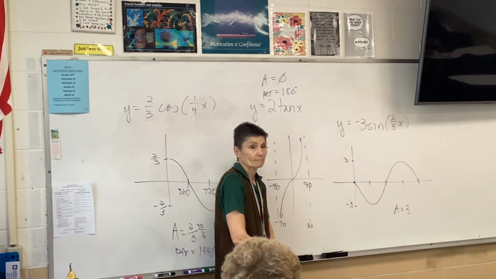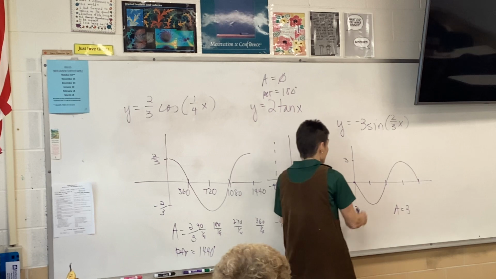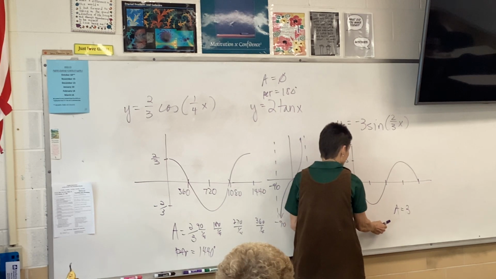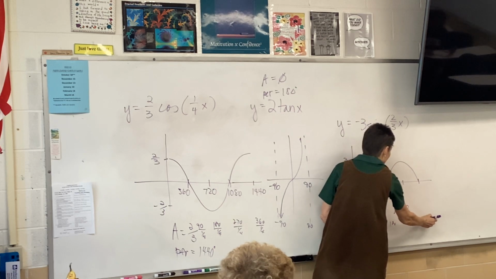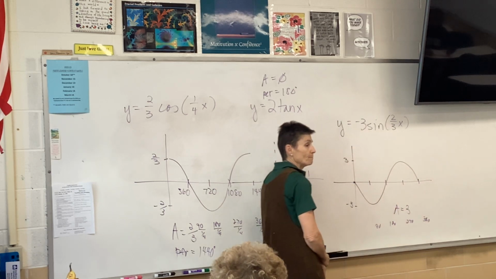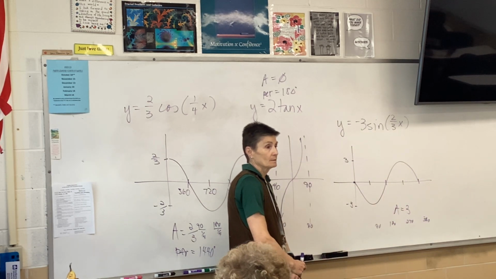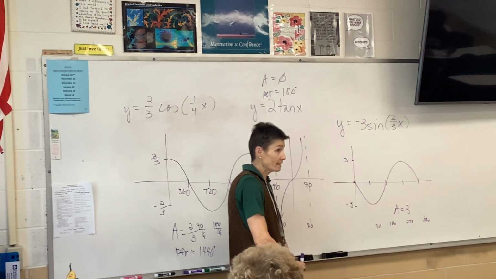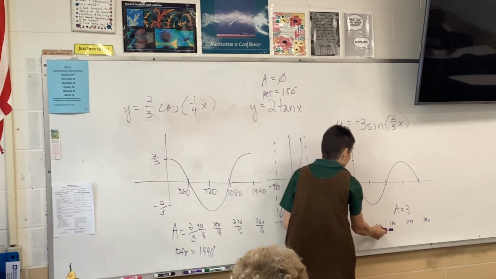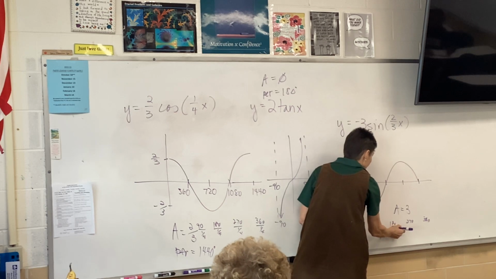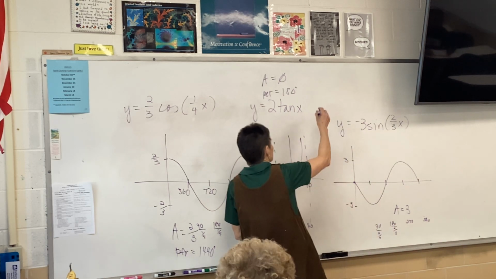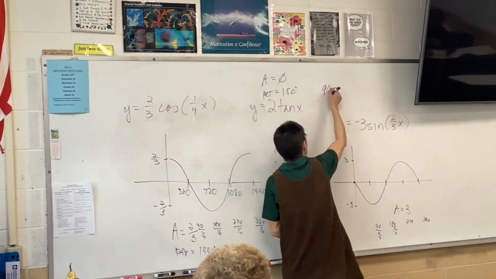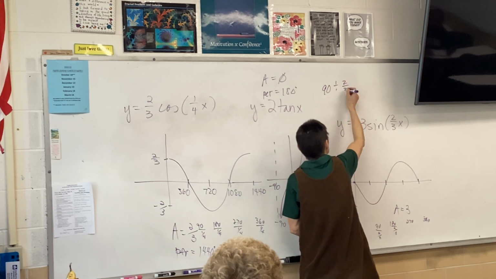These labels are supposed to be 90, 180, 270, and 360. But what have I done to them? I divided them by 2/3. So 90 divided by 2/3.